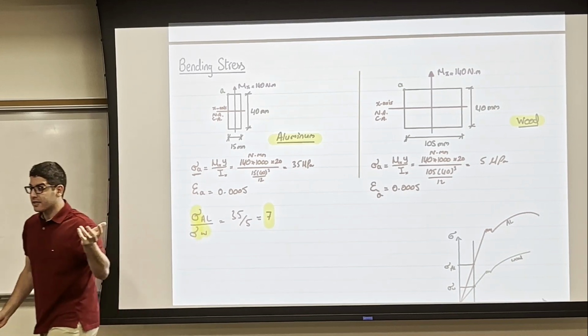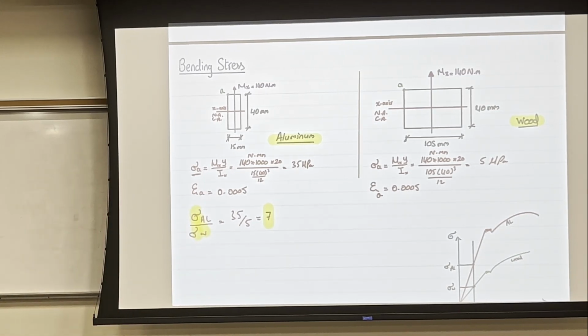But to correct this, we found that the ratio here was 7, which is basically the stress of the aluminum, which is the original material, is equal to 7 times the stress of wood. And let me highlight this. And this is what we're going to do also.